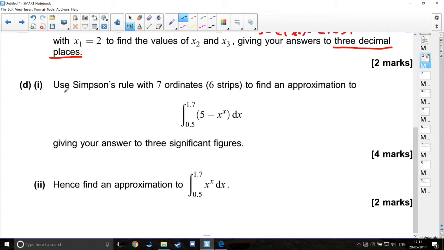So the height is 1.7 minus 0.5, and that's divided by the amount of strips that we have, so 6. This gives us h, and that's going to be 1.2 divided by 6. I think that's 0.2. Sound about right?